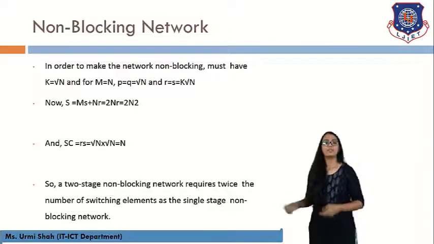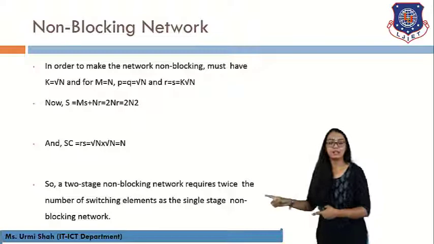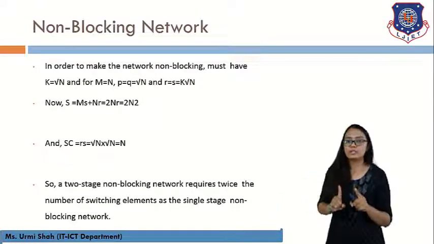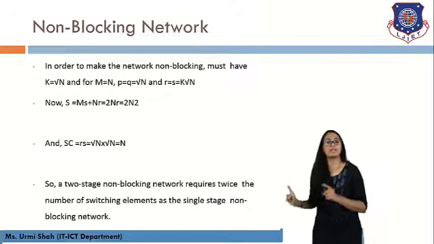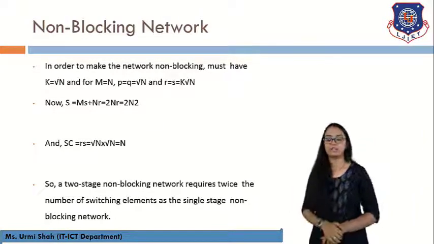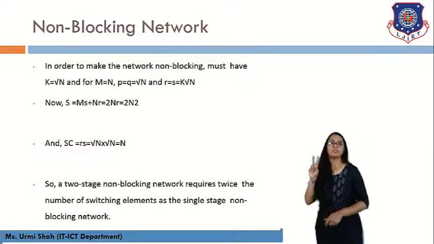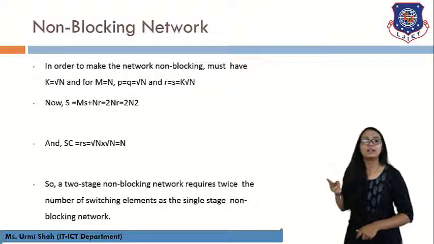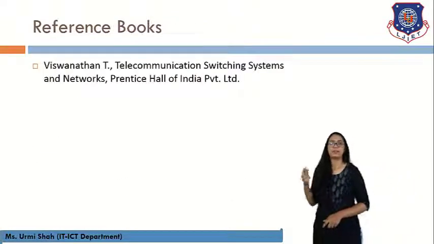So this is a very important criterion. You must mark it or highlight it. Compared to a single-stage non-blocking network, you will require double the switching elements in a two-stage network.